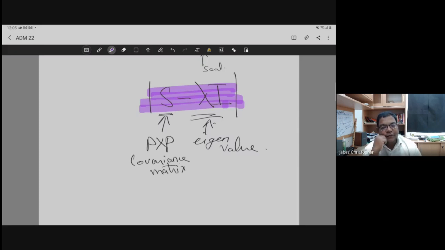Among Z1 to Zn, which Z will you choose? The one having maximum variance. The eigenvalue is the variance. Once you have calculated the eigenvector and the eigenvalue, the vector which has the maximum eigenvalue is the one that maximizes the variance.